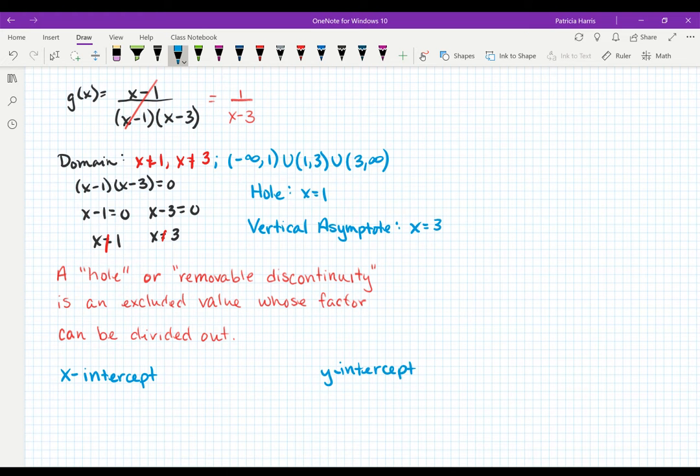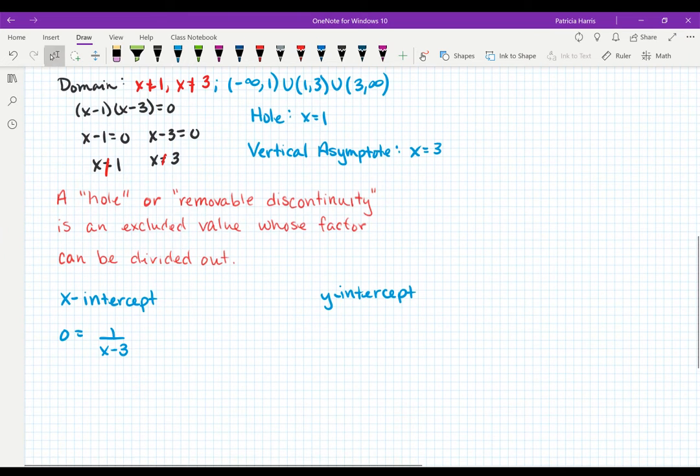So y-intercept, x-intercept. I think this one's going to go the same way. We don't have an x-intercept. That's because when I multiply it through, I get 0 times x minus 3 equals 1. 0 can't equal 1, so no x-intercept.